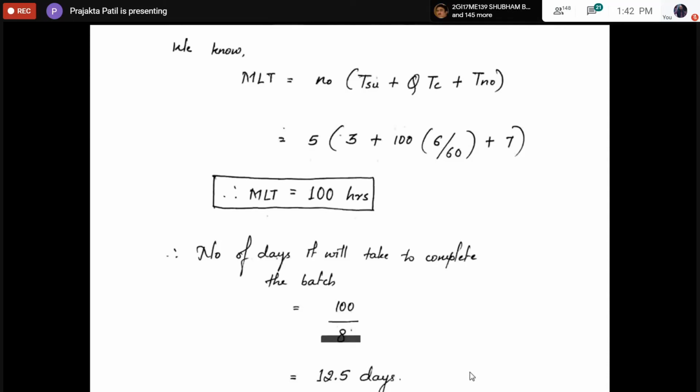If it was 12.1, you would have made it 12 days. If it was 12.9, you would have made it 13 days. Understood? Write it as 12.5 days, approximately equal to 12 days or 13 days, whichever you want to write. Understood?